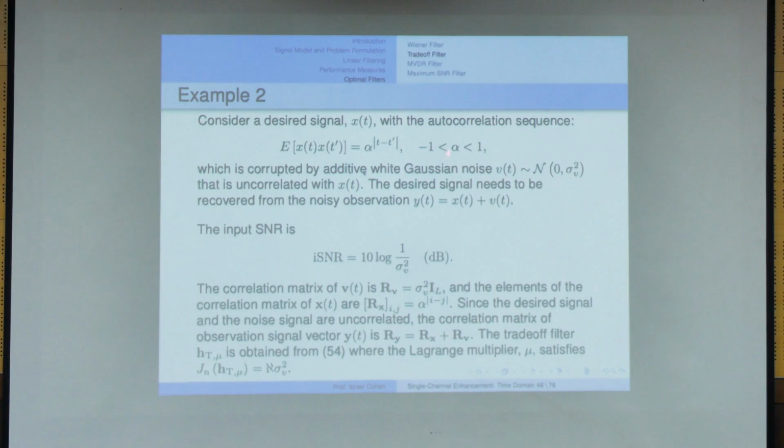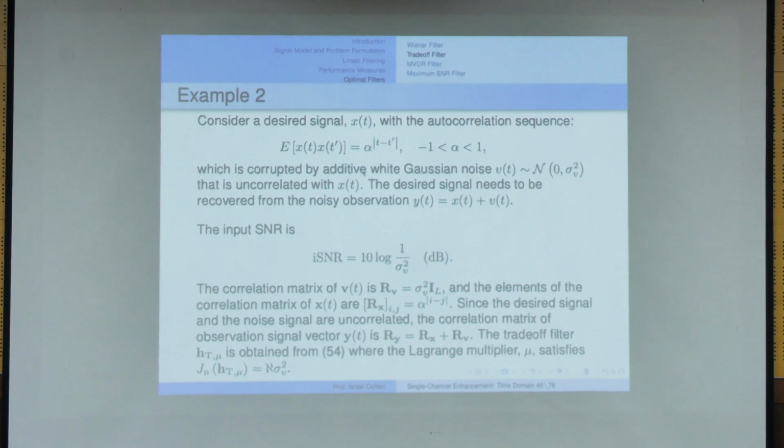And if it's minus 1, it depends on whether the distance is even or odd, so you change sign from sample to sample. But this is interesting because we can find these kinds of signals in practice, where samples correlate while they are close, but the correlation decays. And suppose that to this kind of signal, we add some noise, white Gaussian noise.